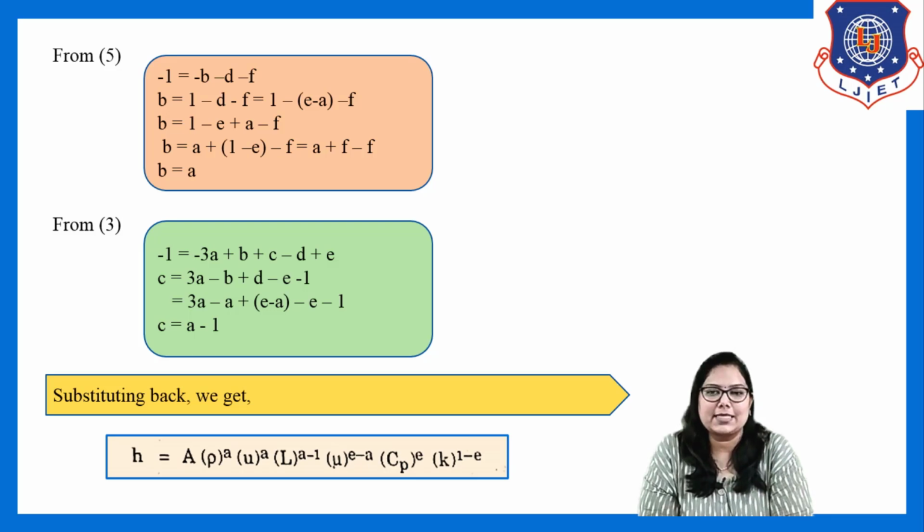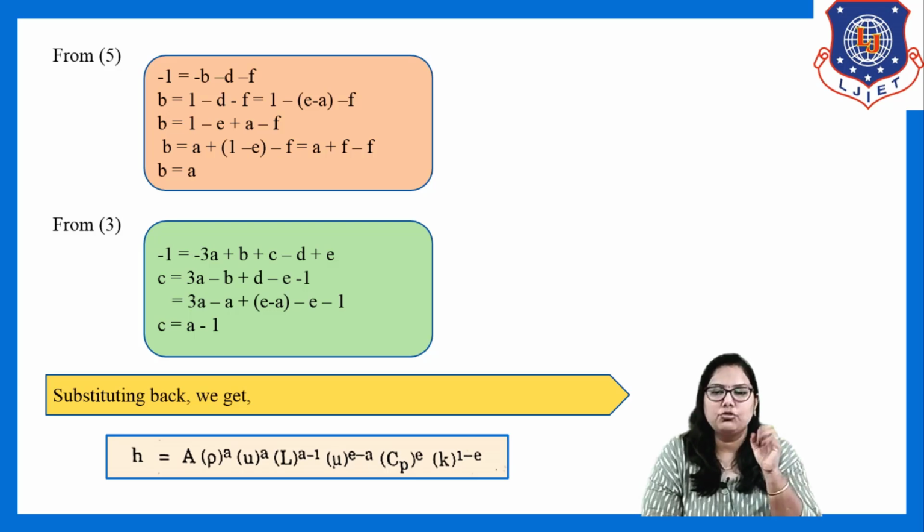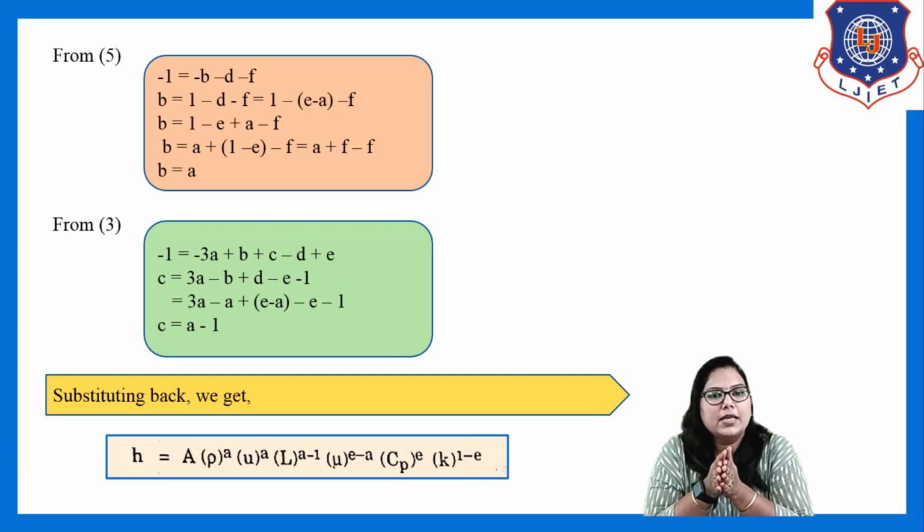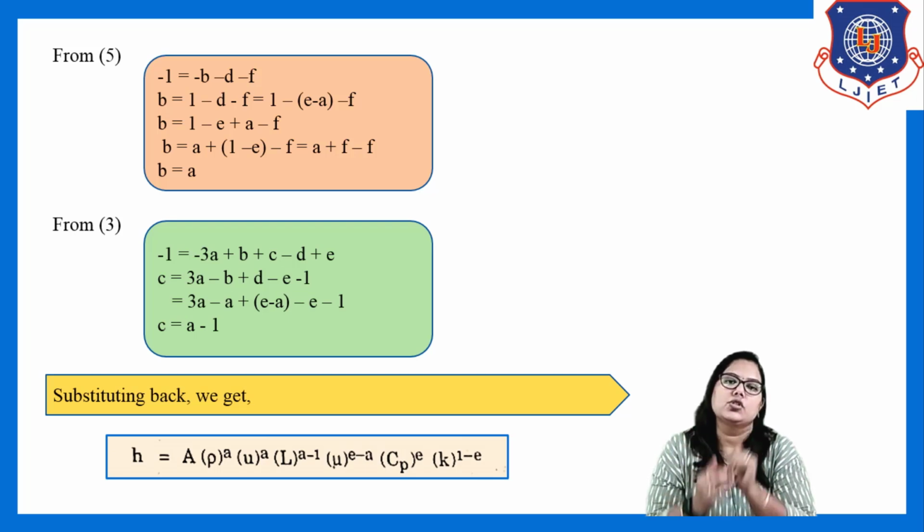Now in our next step, I have to combine all the same power variables. That means I have to combine the variables having power a, and the variables having e, and the constants.